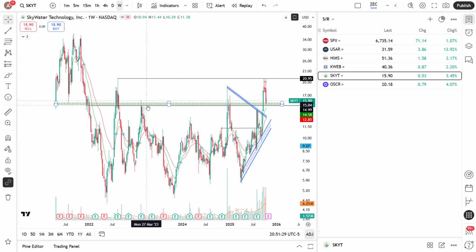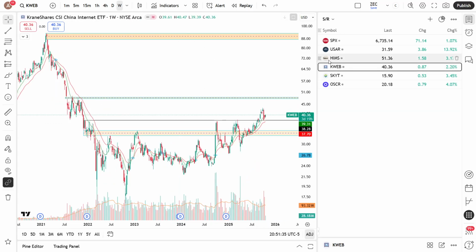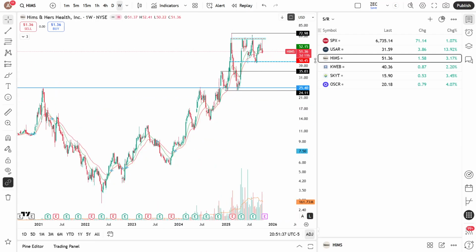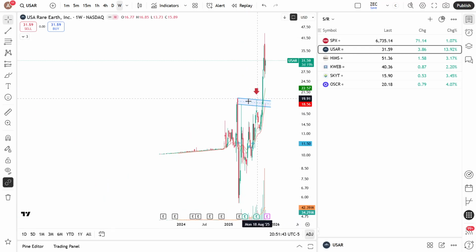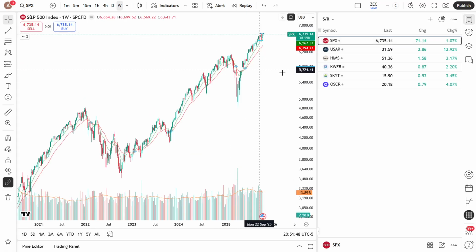This level is marked out because I noticed every single time it touches, it breaks down. Likewise with this, likewise with these. This level over here is a support level, so I mark it out, right? Likewise with this over here until it finally broke out. Likewise over here.